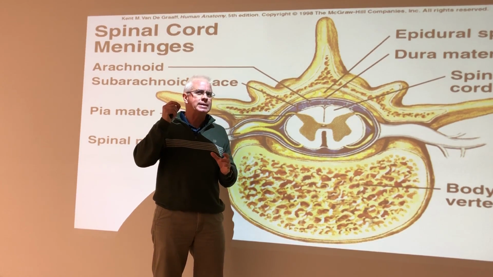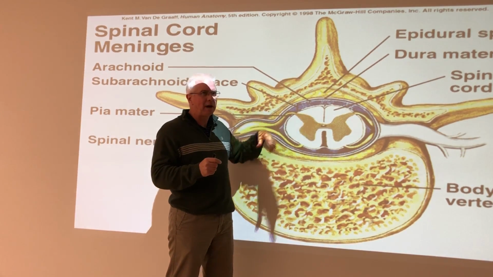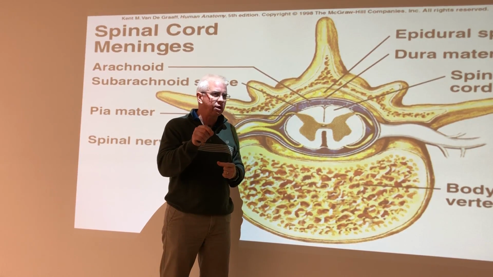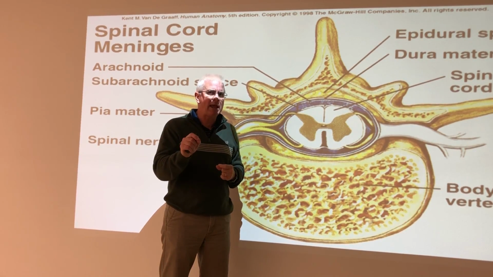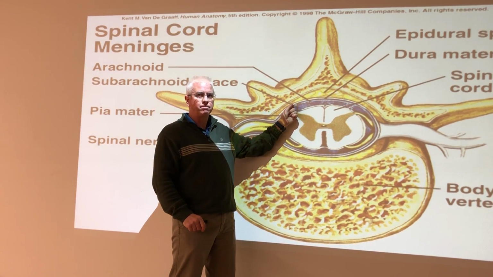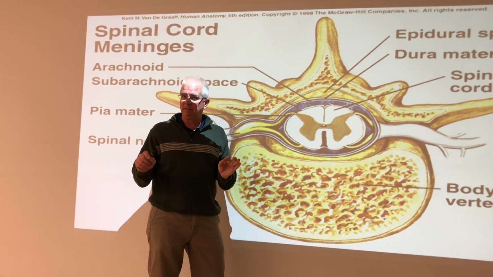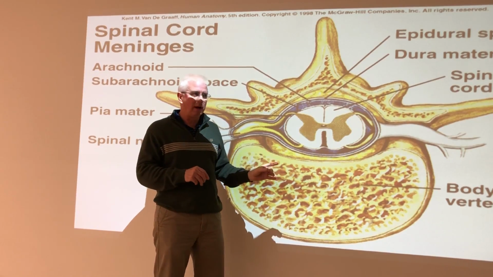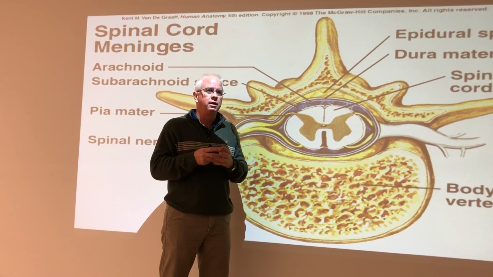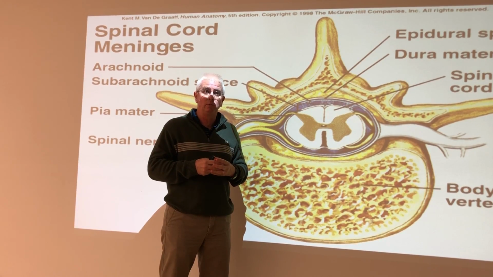And when you place a needle between spinous processes of vertebral bones, if you are going to penetrate through the dura, that requires effort. You have to be not paying attention in order to stick the needle through the dura. Whenever a spinal tap is done, we're going to talk more about this in the spinal cord anatomy coming. When a spinal tap is done, they go in below L2.